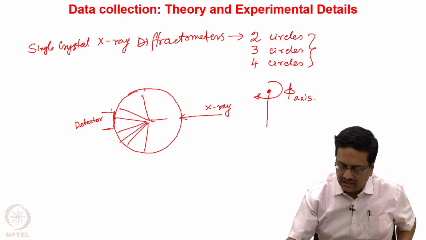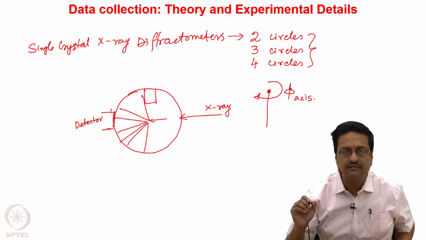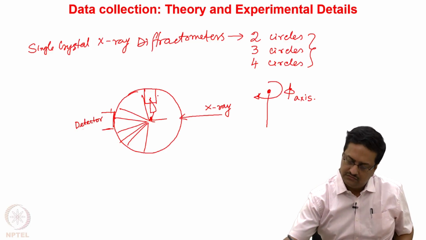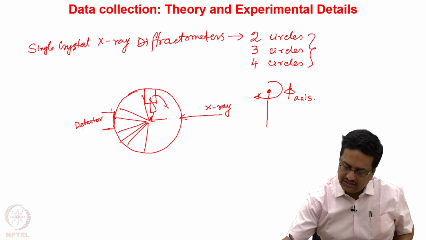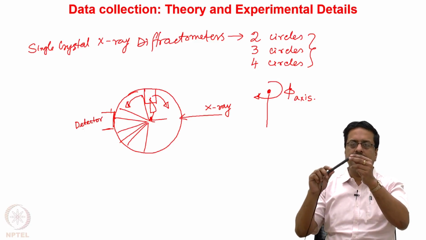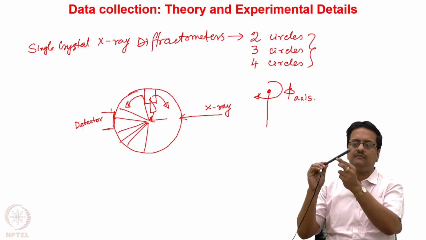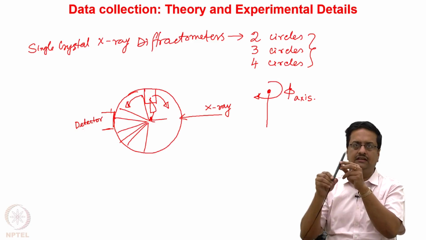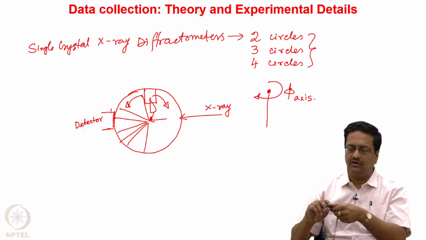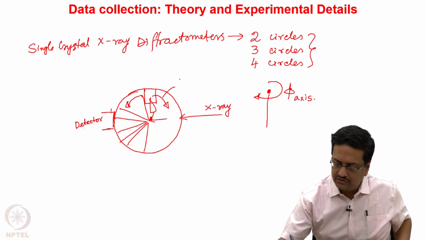If we have that base somewhere here holding the goniometer head and the crystal here, this base can rotate in either direction and rotate the crystal. If the base is rotated, this base is called the omega axis.